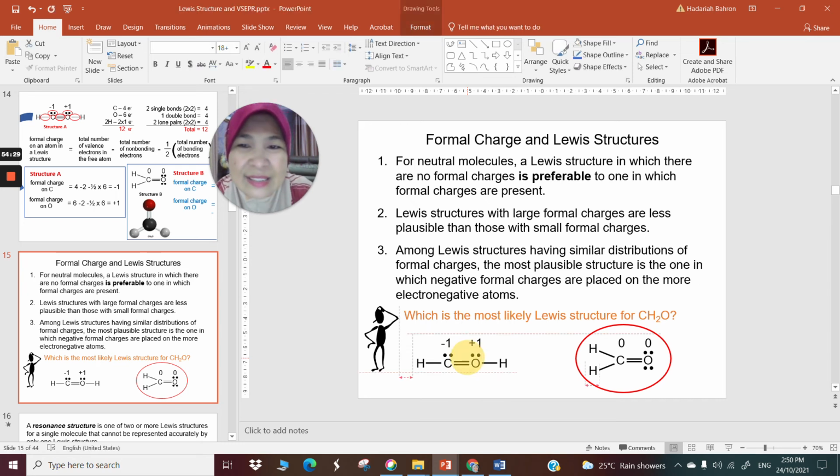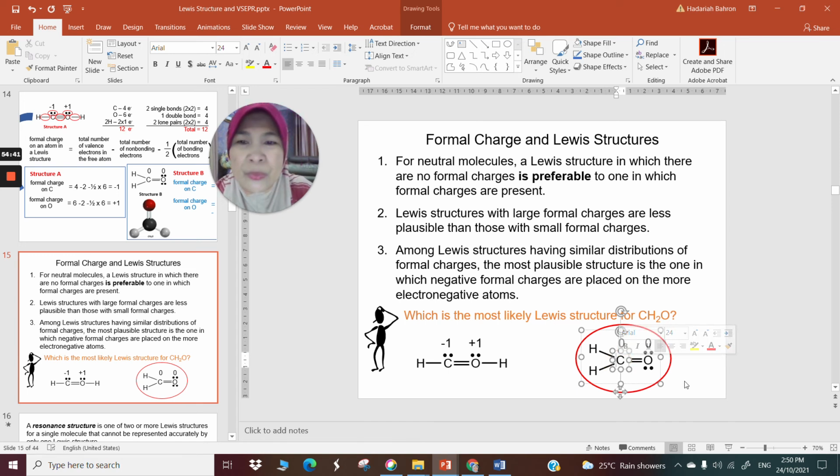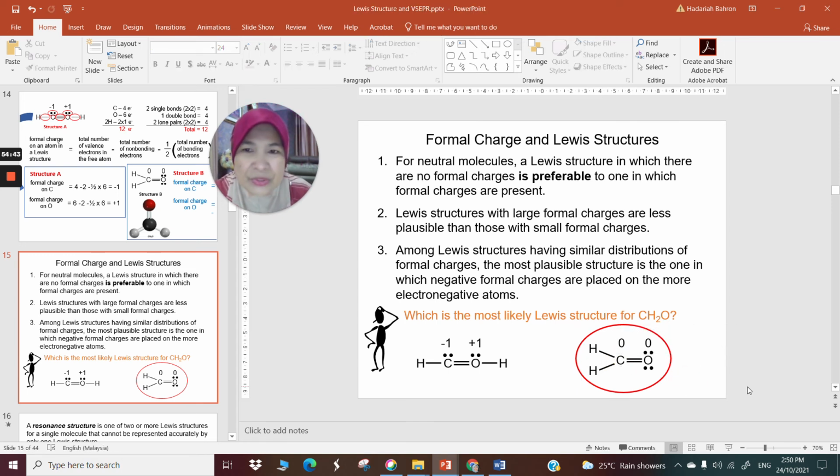So this linear arrangement is less plausible, less possible compared to this structure B, which is that CH2O. So that is how you choose if you find two Lewis structures that are acceptable. First you draw the Lewis structures, everything is correct, no problem. But both of them having good match with the number of valence electrons, so you have to determine through formal charges. So that is how you do that.